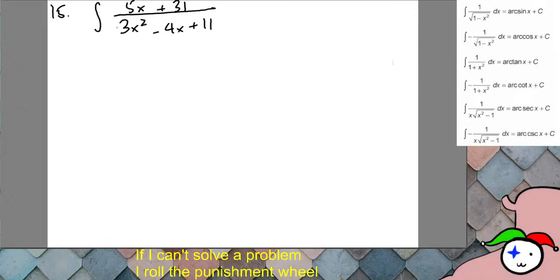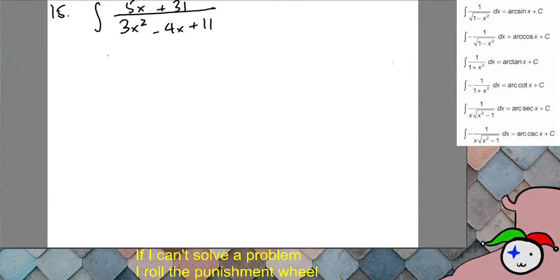Because if I can factorize the bottom, I can solve this by partial fraction decomposition, but it looks like I need to solve this by doing something similar, doing the square substitution.